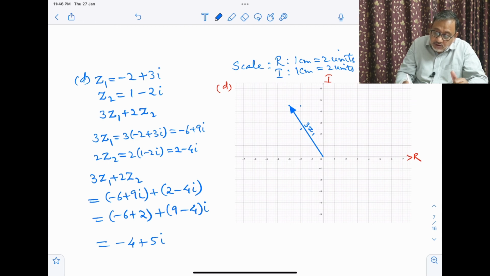I am coming here, and finally from the origin I will be at this point. This is 2z2, and the final one is 3z1 plus 2z2.